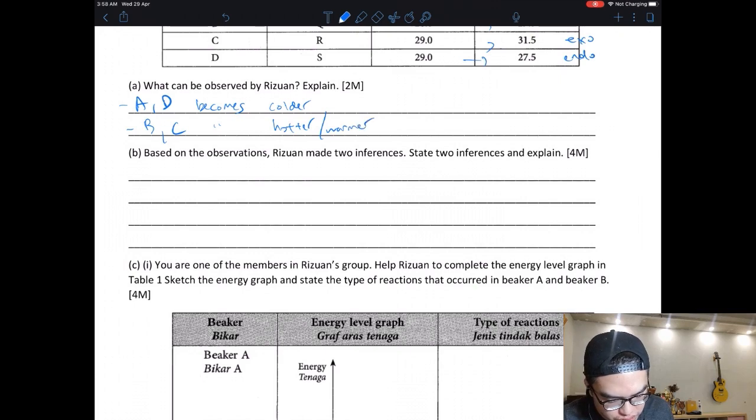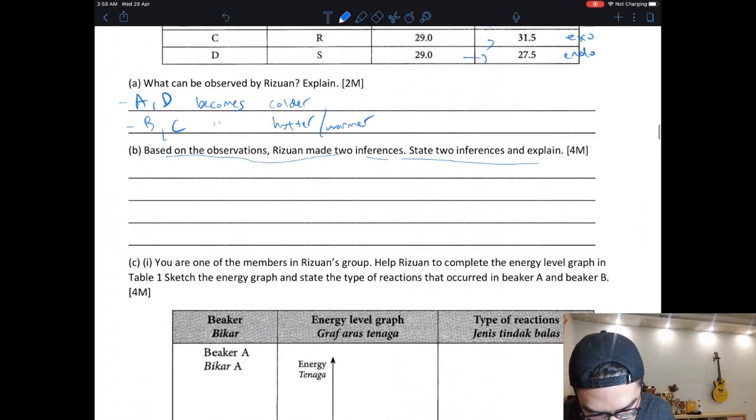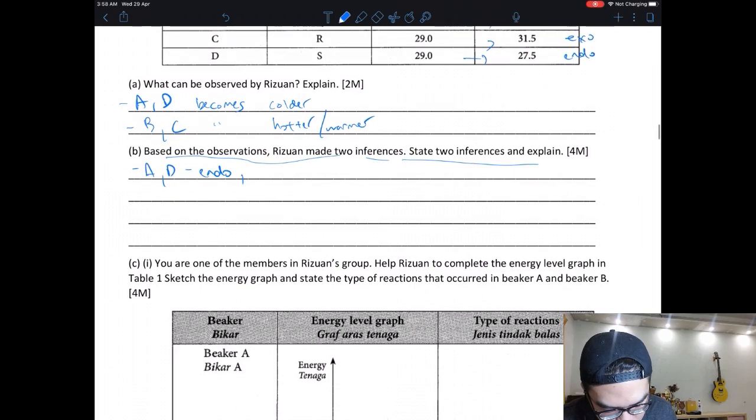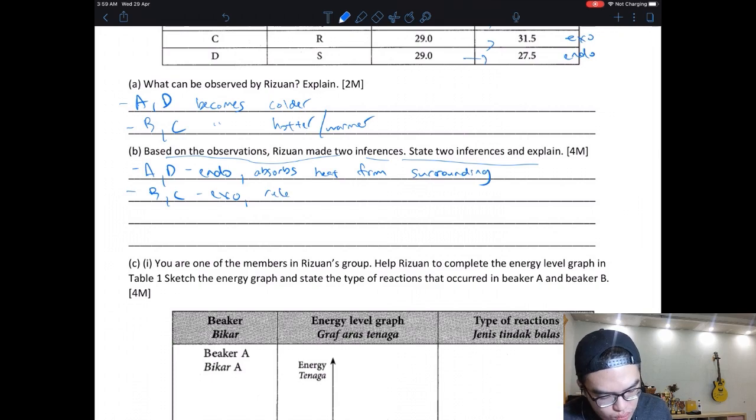Based on the observation, Rizwan make two inference. State the two inference and explain. Okay, A and D, they are endothermic. So explain why? Because it absorbs heat from surrounding. Okay, so BC is the other way. BC is exo. It release heat to surrounding.